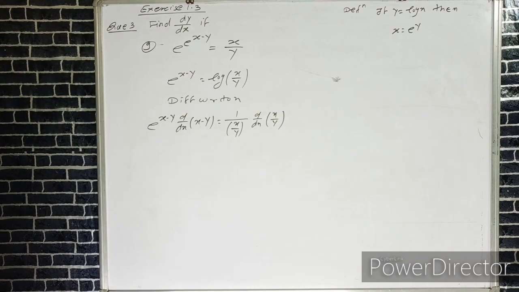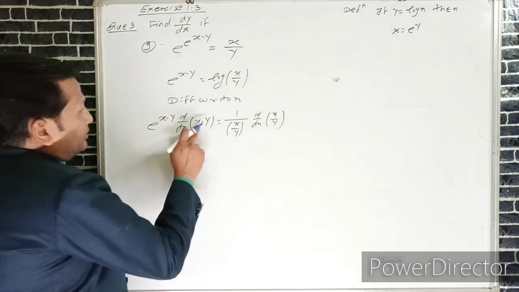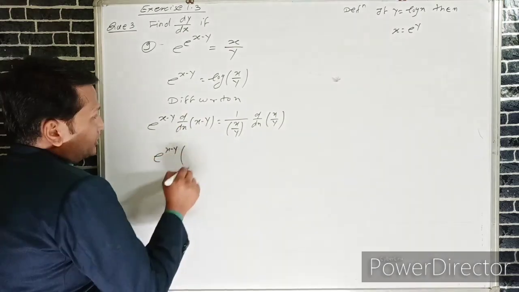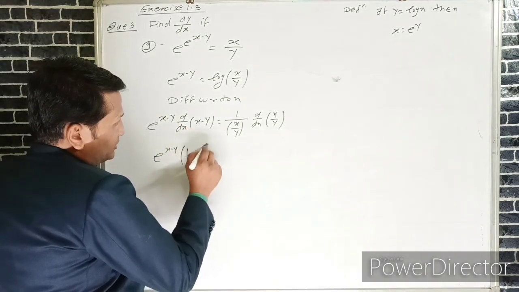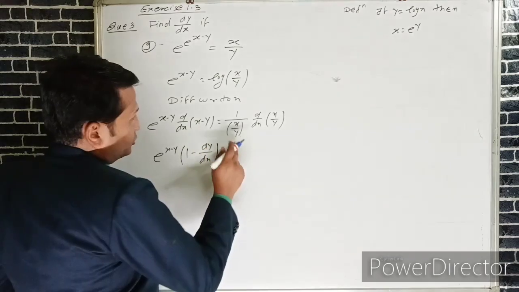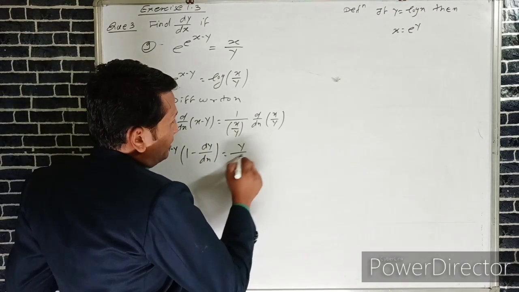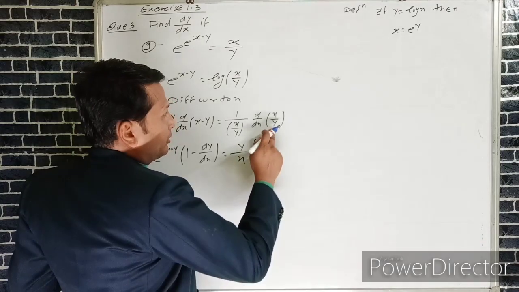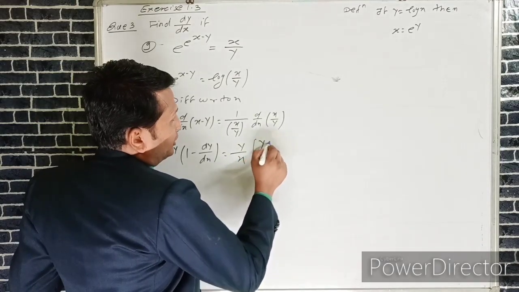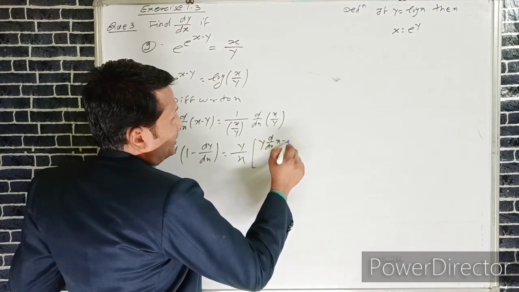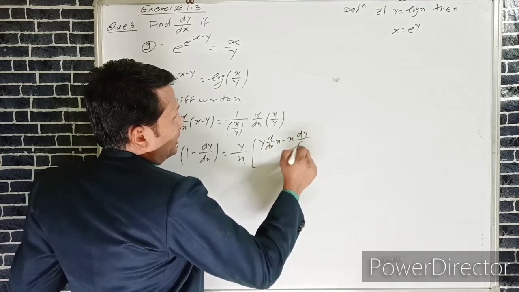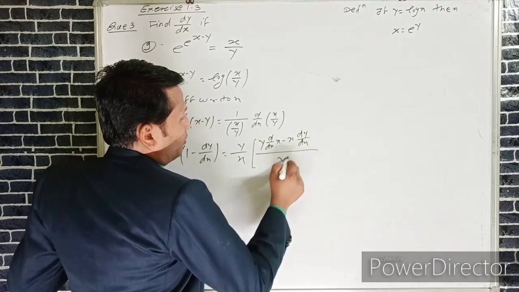After that, e to the power x minus y as it is, derivative of x is 1, derivative of y is dy by dx, is equal to 1 upon x into y by x. Here we can apply u upon v form, we can write y into derivative of x minus x into derivative of y, upon y square.